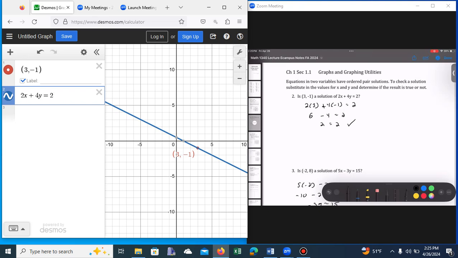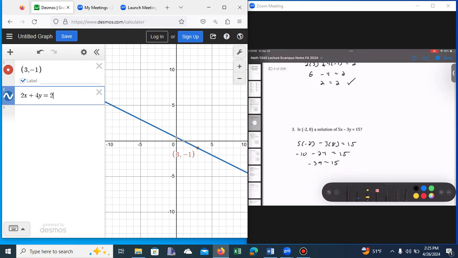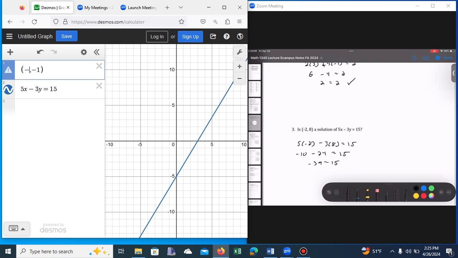That equation has many solutions. Every solution is the line itself. If we look at 5x minus 3y equals 15, and at point negative 2, 8, we see that that point is not on the line. Therefore, it's not a solution.